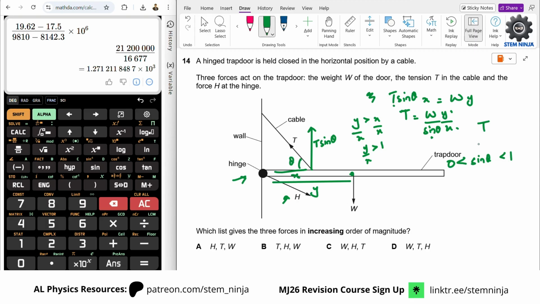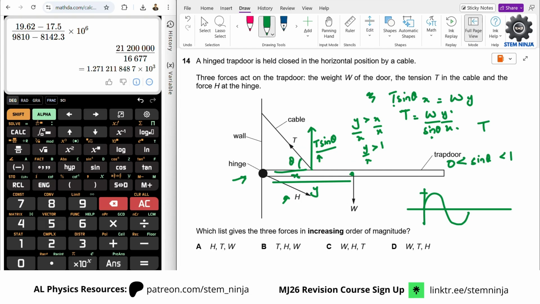So what does it actually tell you? That tension itself is very high. But due to the T sine theta, if you increase theta, sine theta goes to a maximum value at 90 degrees. As we can see, it's less than 90 degrees, so its value is going to be less than that.